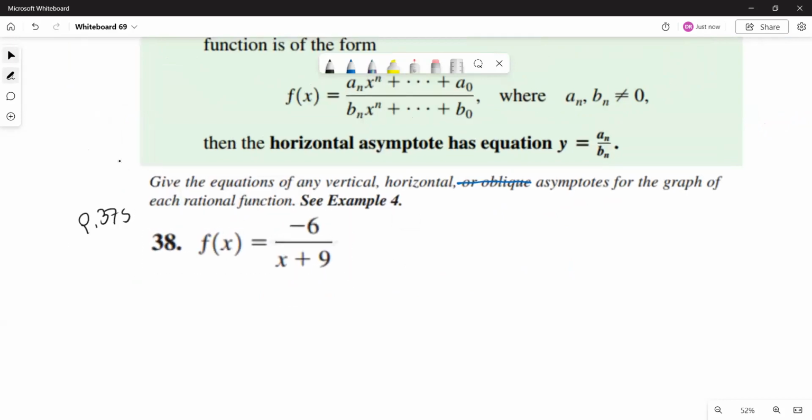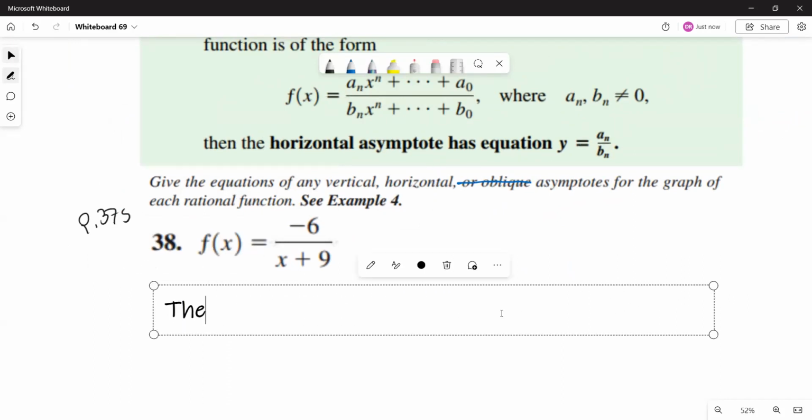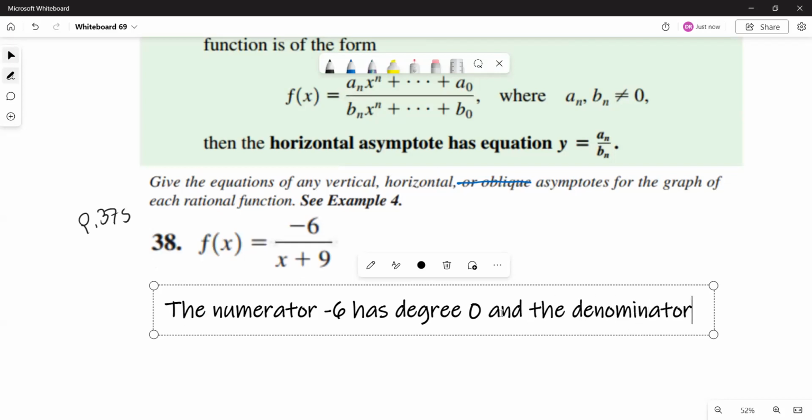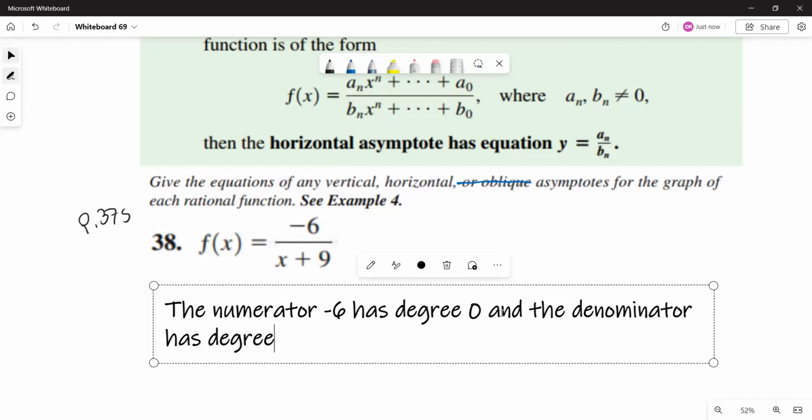Note that the numerator, which is -6, is a constant, so it has degree 0, and the denominator is a linear function, so it has degree 1.